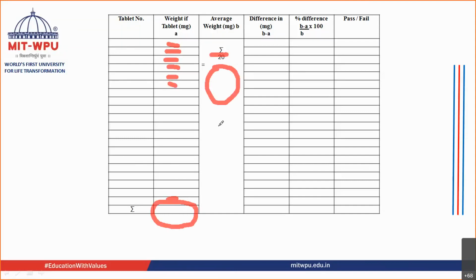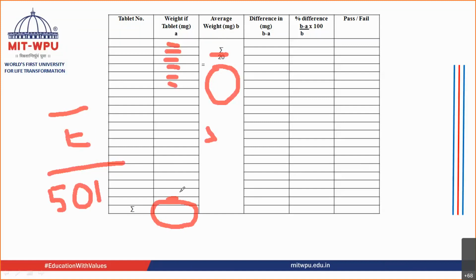In industry, many a time the average weight is already decided. You know the weight of active ingredient, you know the weight of excipient, that should go in one tablet. So you can just determine the total weight. Supposing it is 501 milligram, you will decide the average weight as 501 milligram.